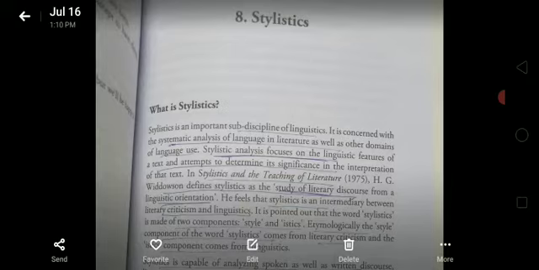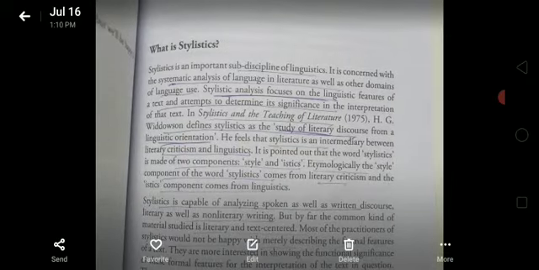He feels that stylistics is an intermediary between literary criticism and linguistics. It is a mediator between literary criticism and linguistics.